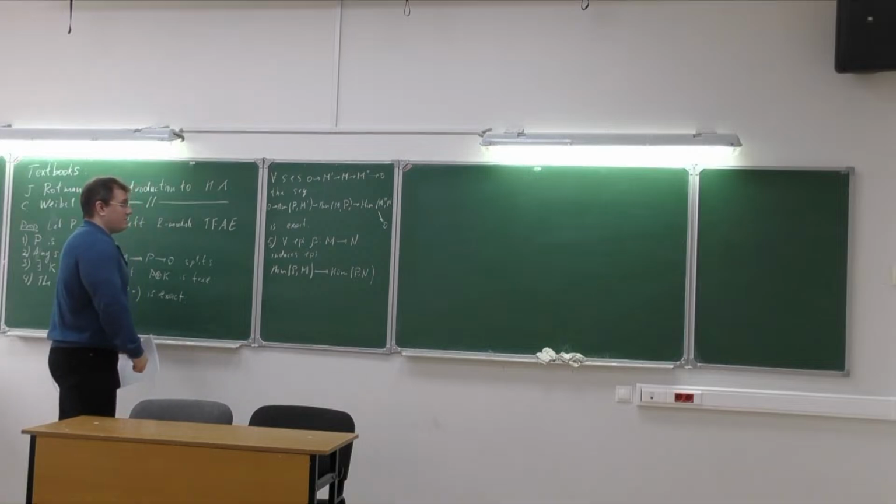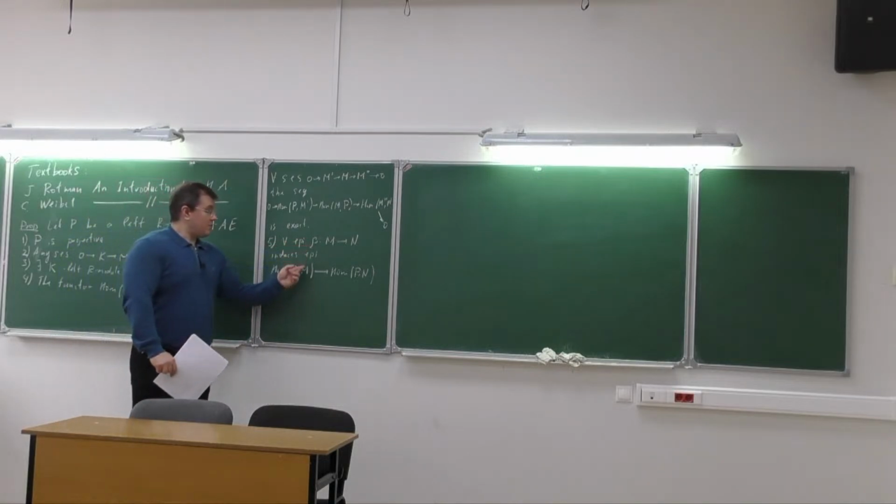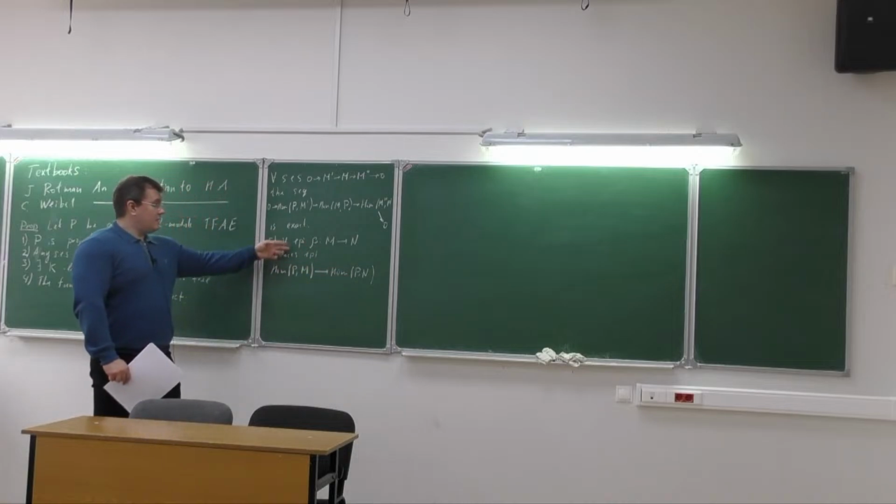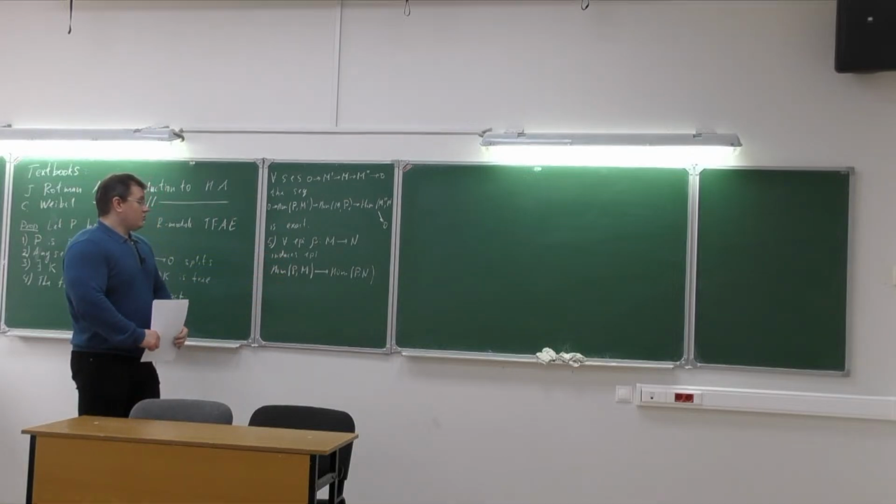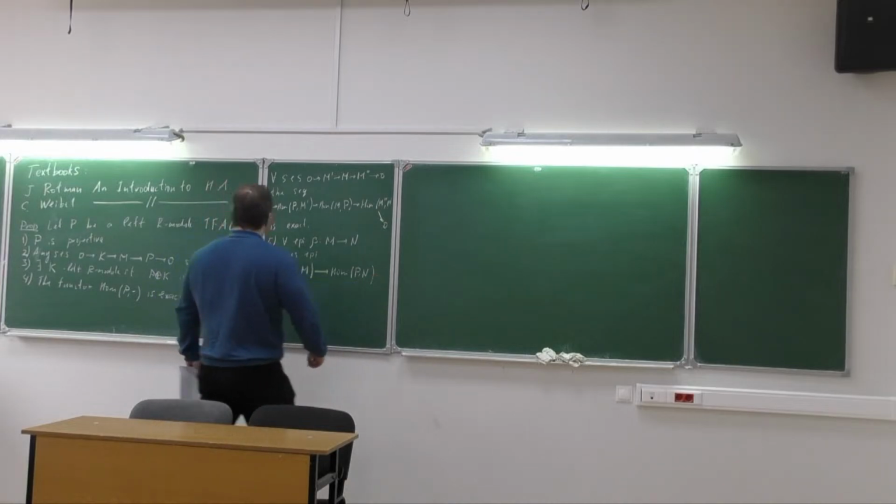If you have any map, it always induces a map on Homs like this. You have a map from P to M, take the composition with beta, and you get a map from P to N. If beta is epi, this induced map is also epi. Okay, so these are the 5 conditions.